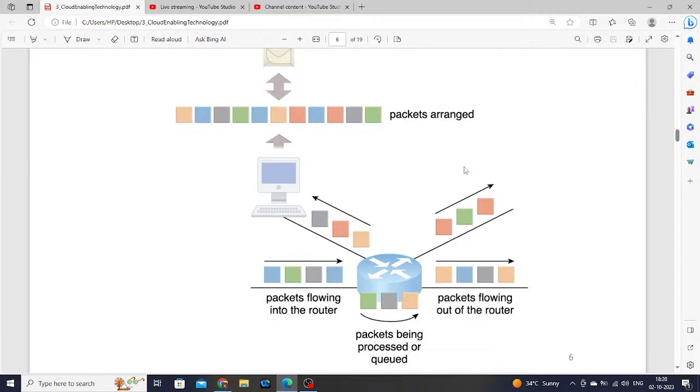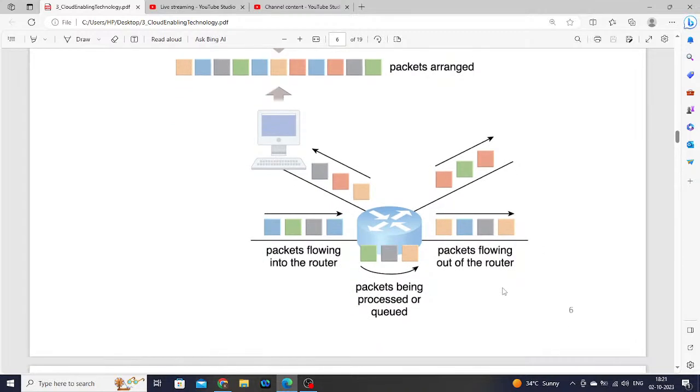This is the left side, packets flowing into the router, and this is the right side, packets flowing out of the router. The packets are processed or queued, then forwarded onward, and the receiver receives the message in the form of packets.